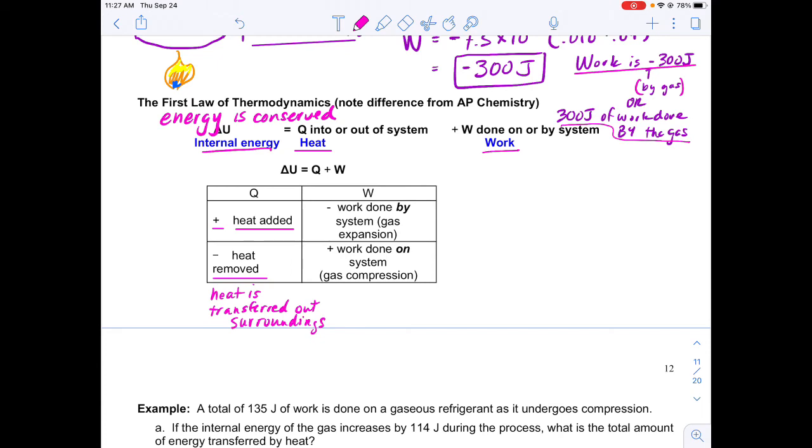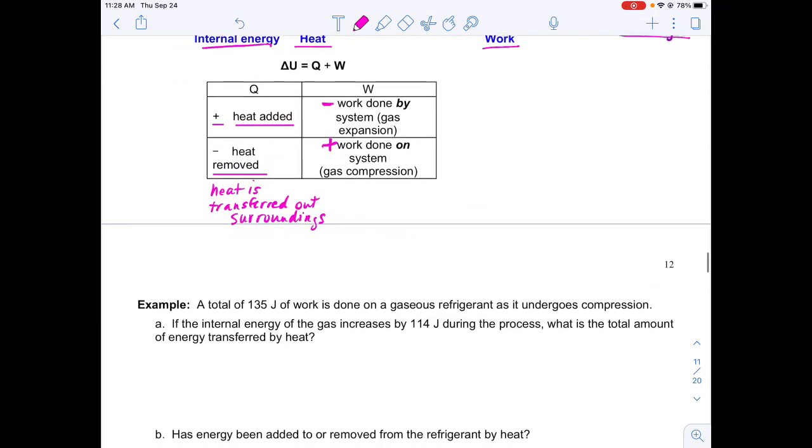Work: when work is done by the gas, when the gas expands, work is negative. And when work is done on the gas, when it is compressed, the work is positive.